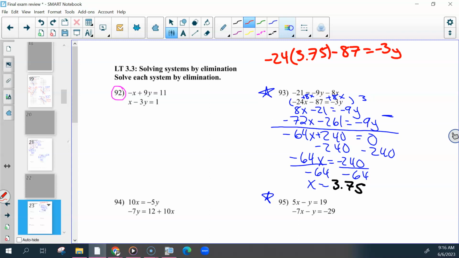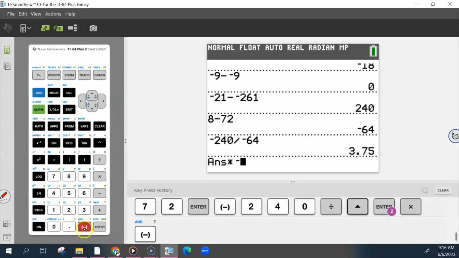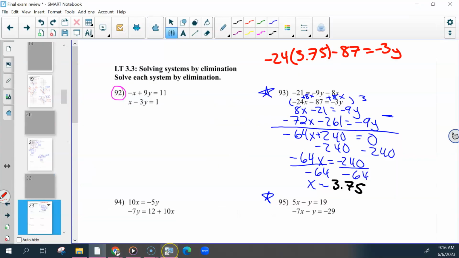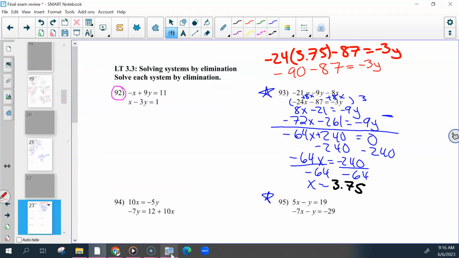And then I can solve that one for y. -90 minus 87 equals -3y. And then divide both sides by 2.